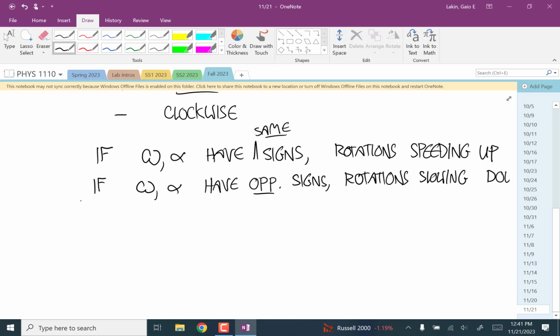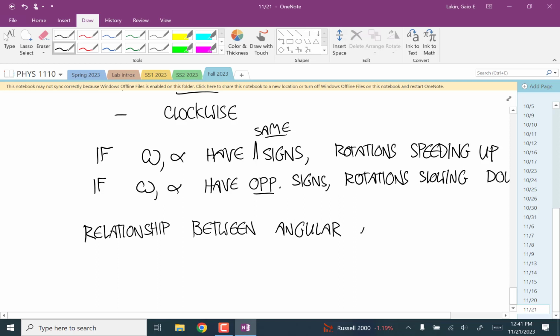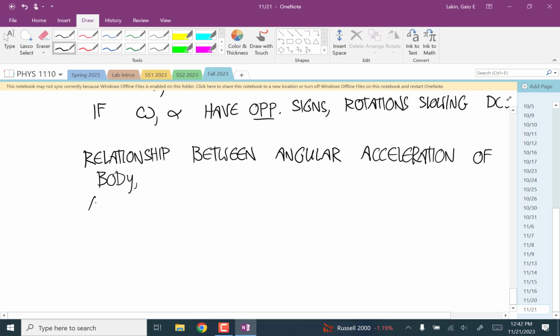Now I'm going to give you a similar relationship between the angular acceleration of a body and the tangential acceleration of a point on the body.